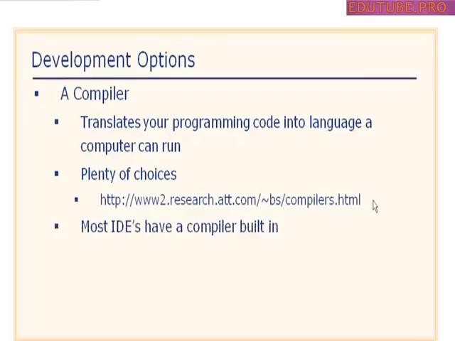And you can see quite a few choices out there. Now here's the real bottom line though, and it's the good news. And that is, when you choose an integrated development environment like Visual C++, the compiler is built into the environment. And so you will type out your code, and then we'll go up and we'll basically hit the little green triangle, and this will kick off what's called the debugger.